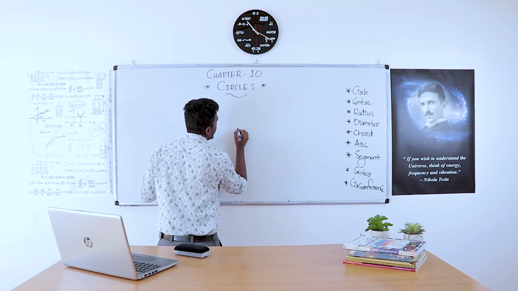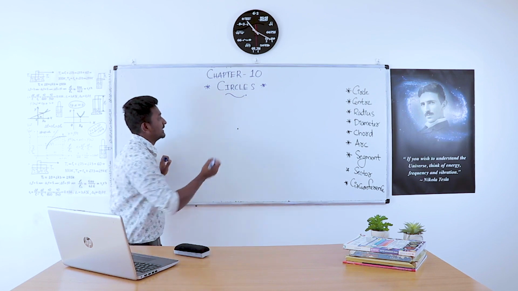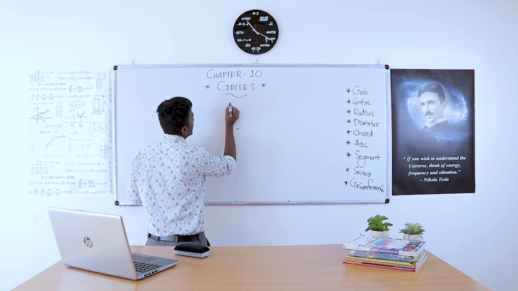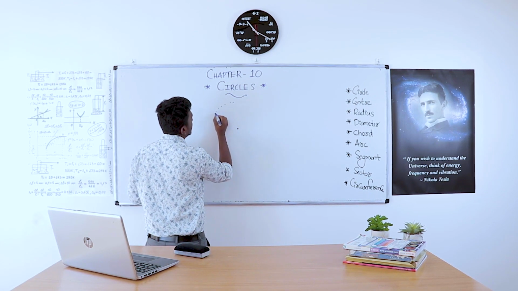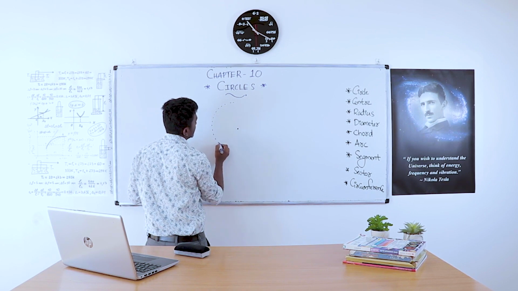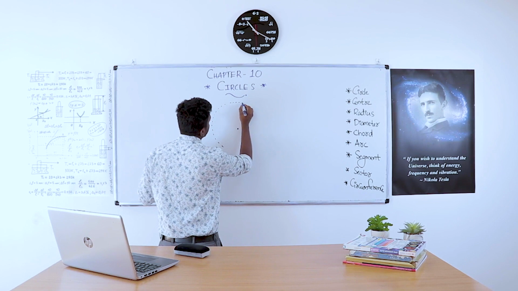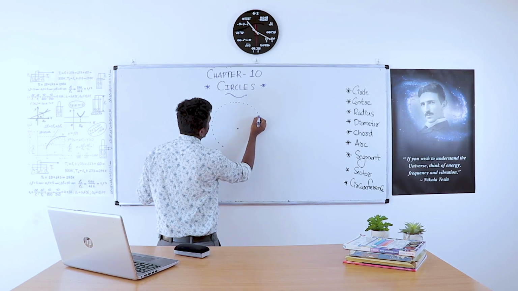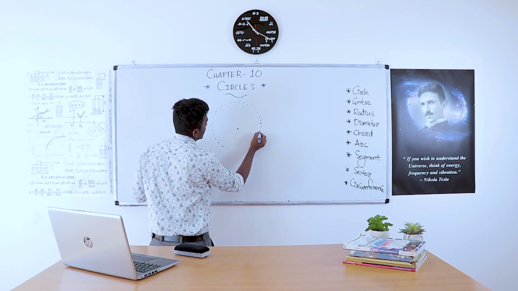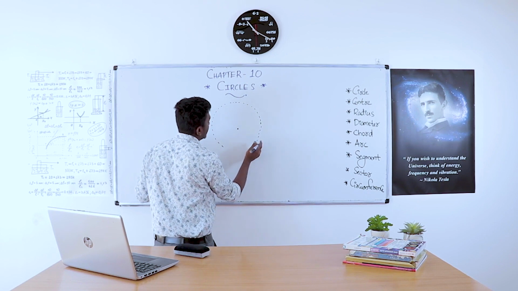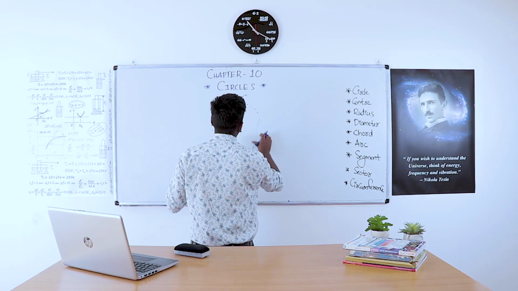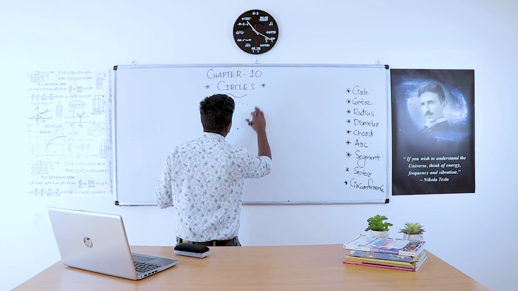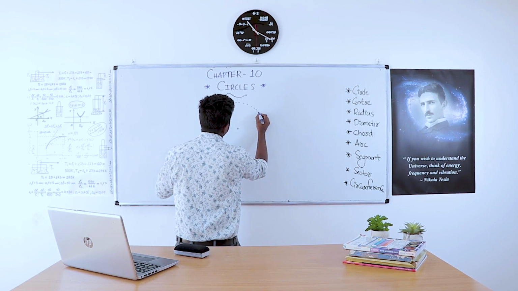We need to have a fixed point, and a circle is a collection of a large number of points which are at a fixed distance from that fixed point. Now I am considering a circle.